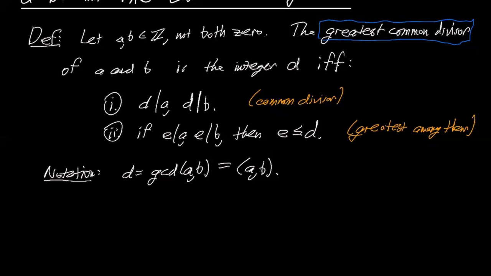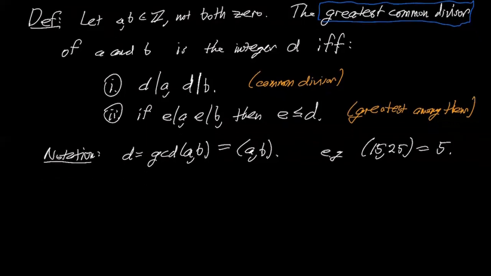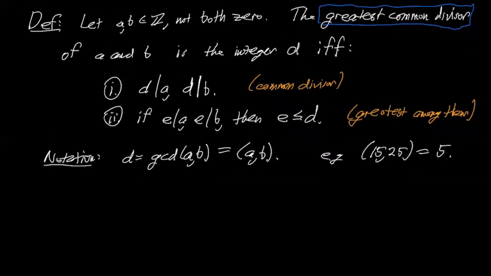So for example, you'll see things like this in number theory books, like parentheses 15 comma 25. Well, it's basically asking for the greatest common divisor of 15 and 25, which I think is 5. Okay. So that's the formal definition.